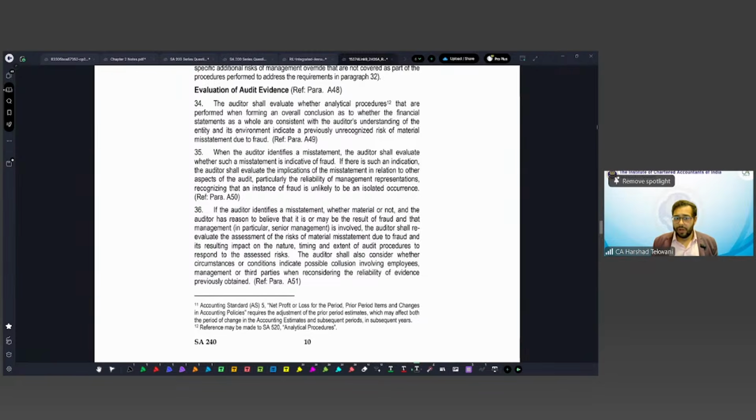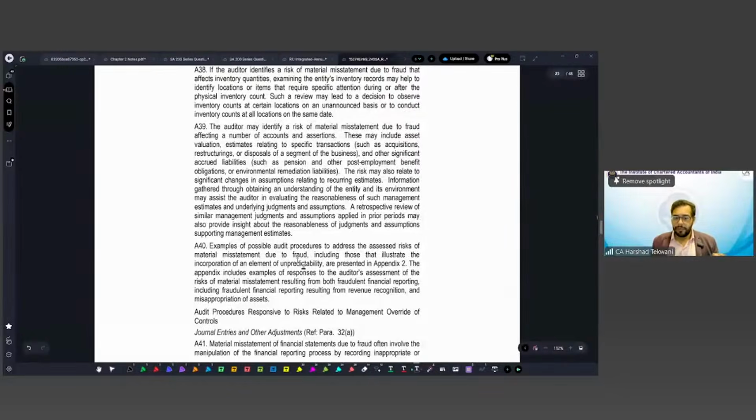And one more critical thing: the standard has given examples also for that. Let me show you. In the standard, there is a section called application material.